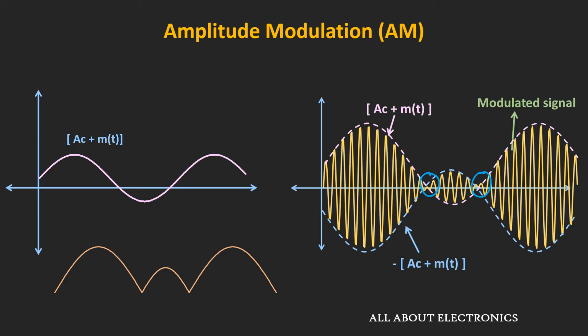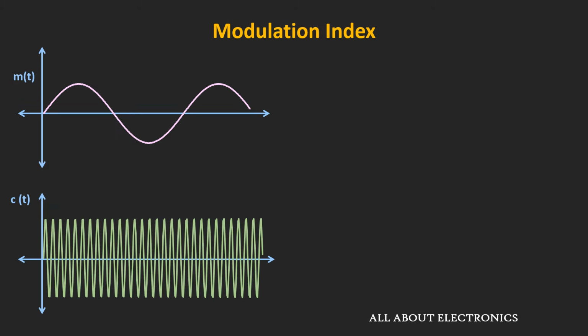That means whenever this condition is not satisfied, there will be distortion in the output. So to avoid such distortion, this envelope signal, that is Ac + m(t), should always be greater than or equal to 0. Now this same phenomenon can also be explained in a better way using the term known as the modulation index, and sometimes it is also known as the modulation depth.